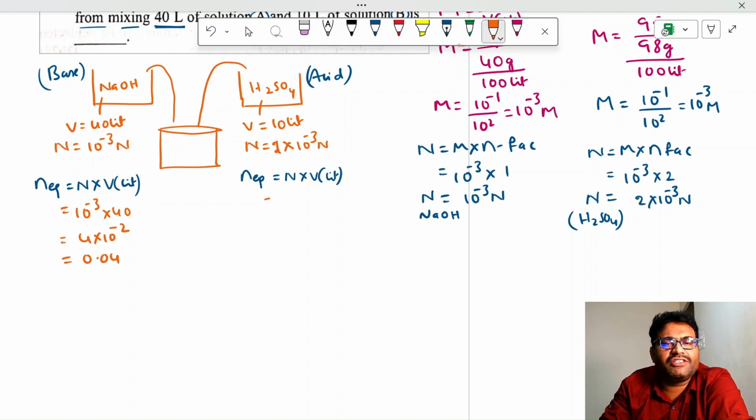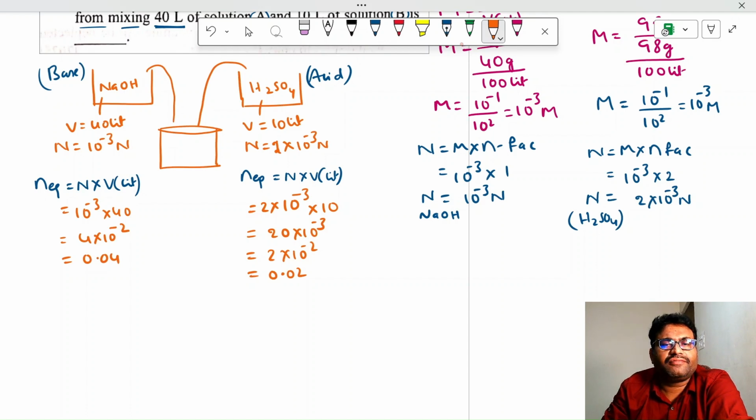For the acid, number of equivalents is 2 into 10 power minus 3 into volume 10 liters. 2 tens, 20 into 10 power minus 3. I can write 2 into 10 power minus 2, which can be written as 0.02.